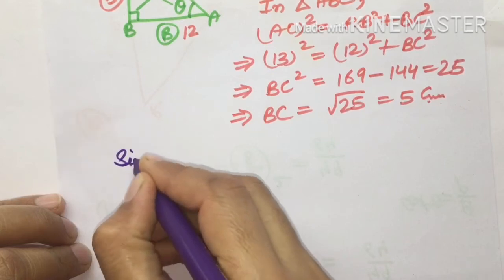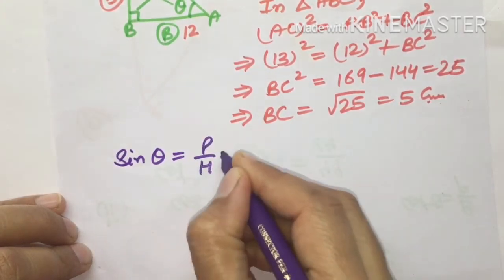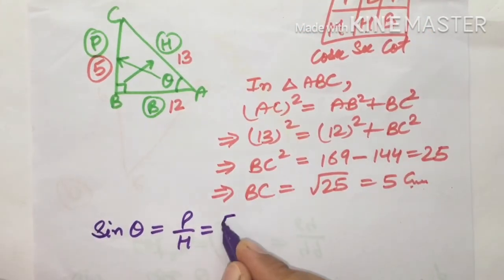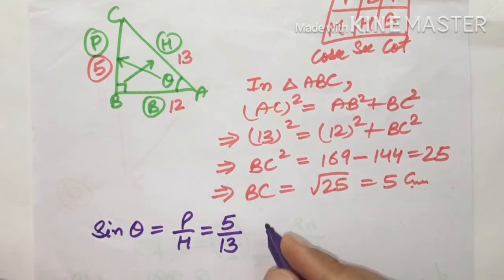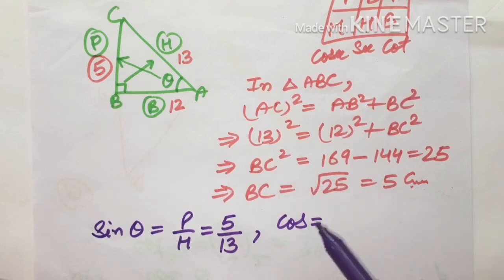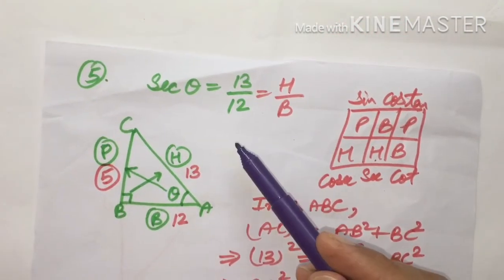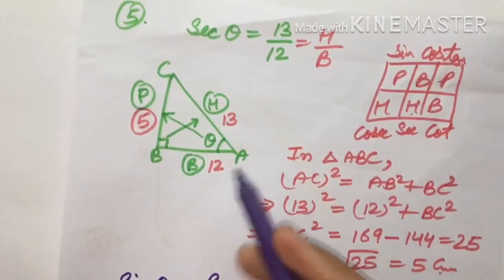So first I am starting with sine theta. Sine is perpendicular upon hypotenuse. Perpendicular we know in this case is 5, so we will write 5, and hypotenuse is 13. Next is cos. So cos we can find out like secant is given, so reverse of that, 12 upon 13, or either we can find out from the triangle also.